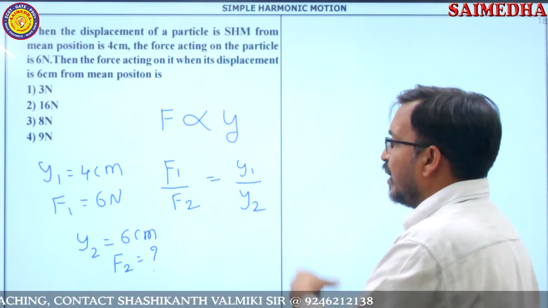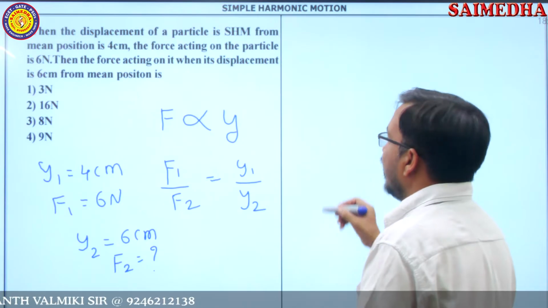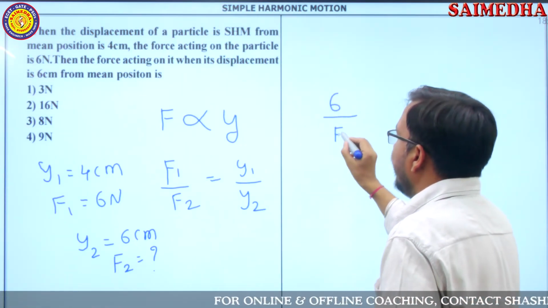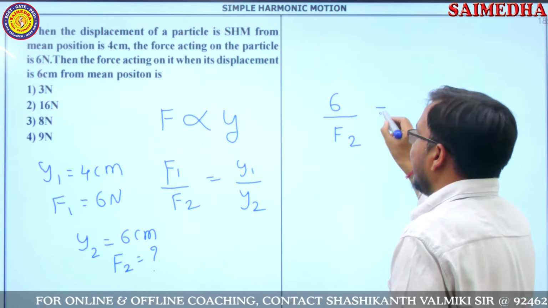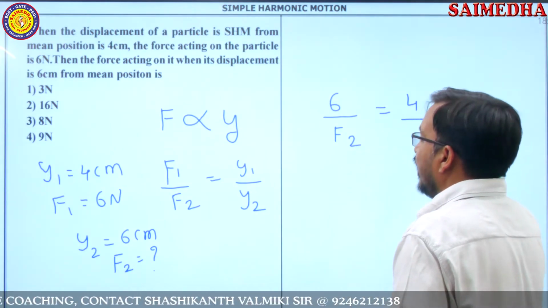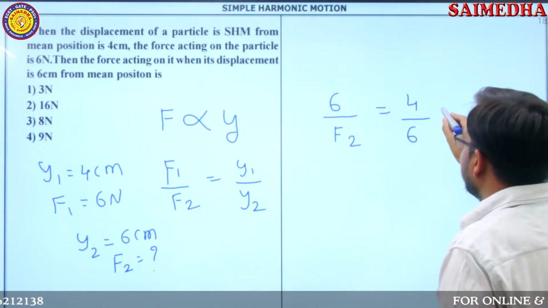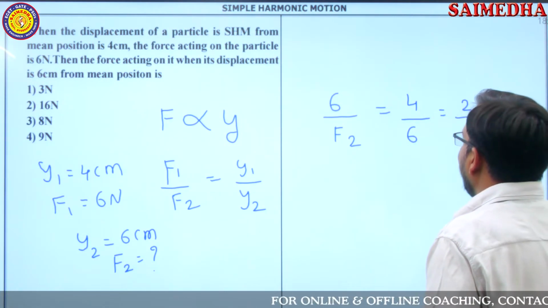Then I am substituting all these values. F1 is 6 newtons, F2 we are finding, y1 is given as 4 centimeter, y2 is given as 6 centimeter. So 4 by 6 means 2 by 3.